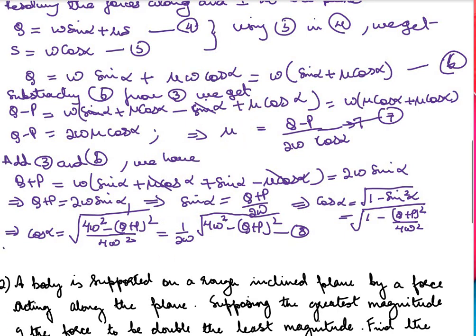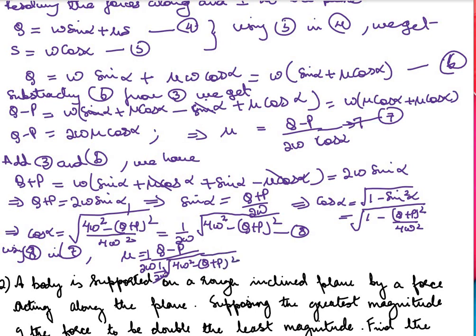Mu is equal to Q minus P divided by cos alpha times W, and we place cos alpha by the value we obtained in equation 8: 1 by twice W into square root of 4W square minus Q plus P the whole square.